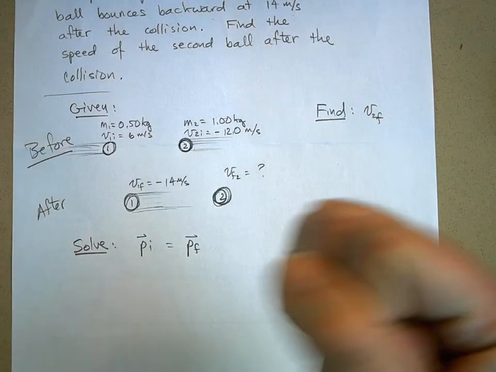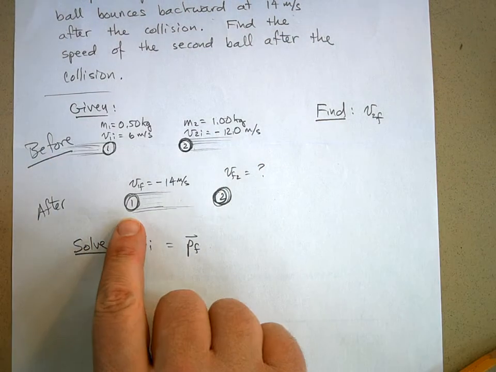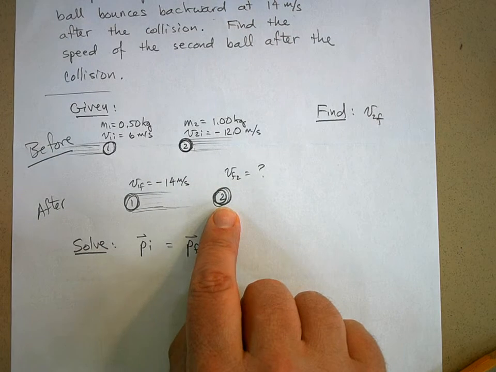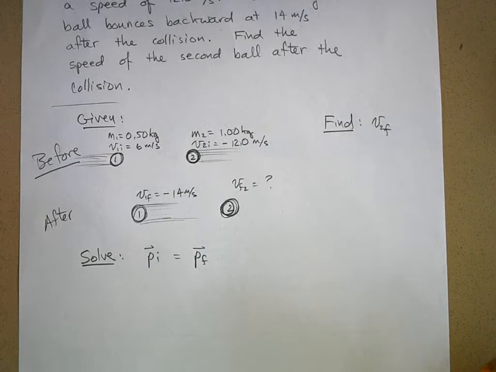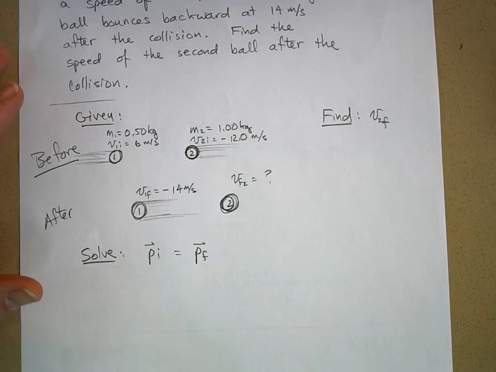If I add the change in momentum of object 1 to the change in momentum of object 2, it will equal 0. Make sure you understand that chain of logic. That will be on the test. I'm going to ask you to explain why momentum is conserved during a collision.